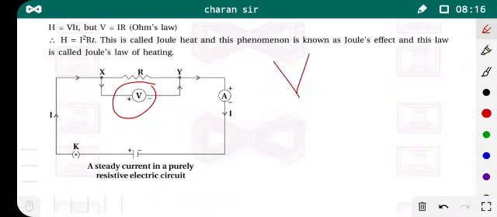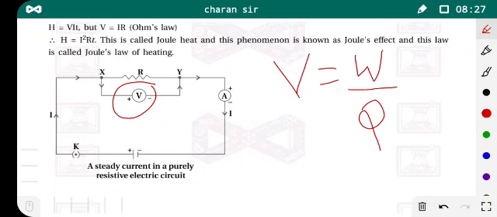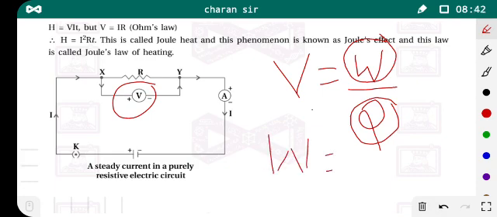Potential difference is the amount of work done per unit flow of electric charge. So from this equation we get the work done, that is V into Q.